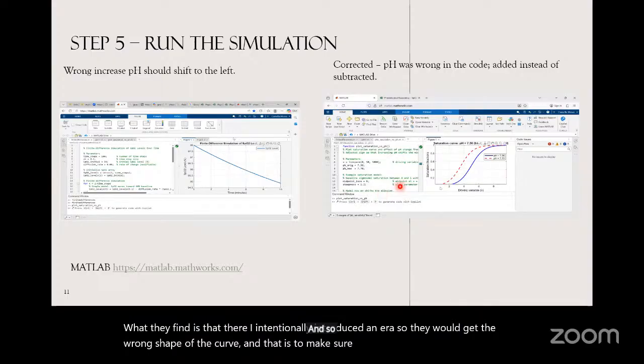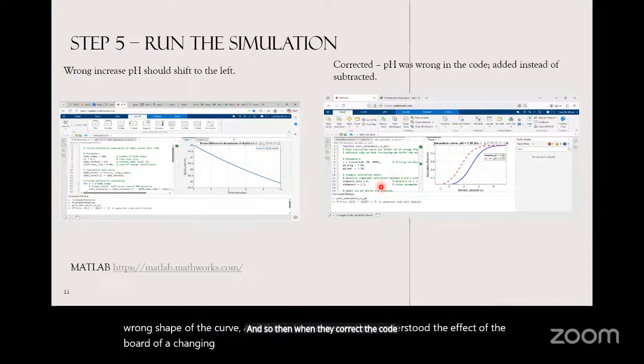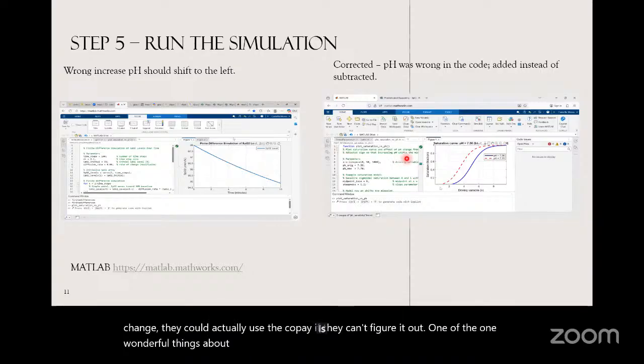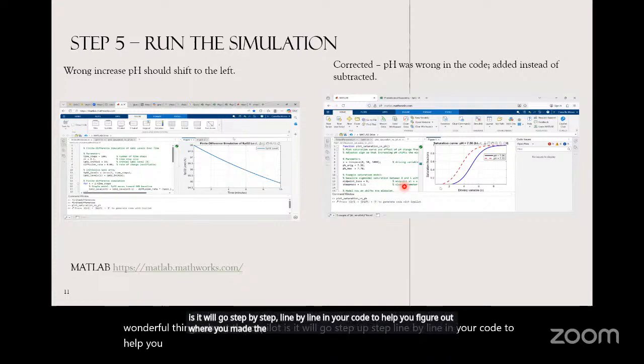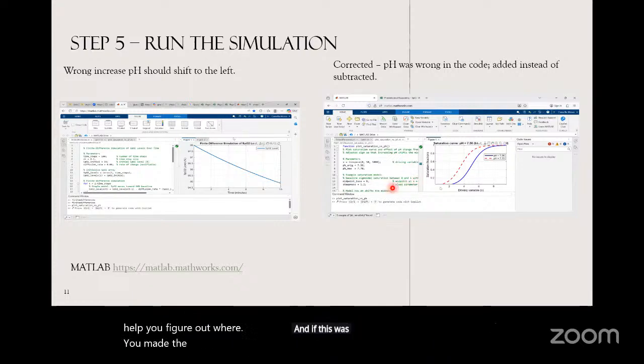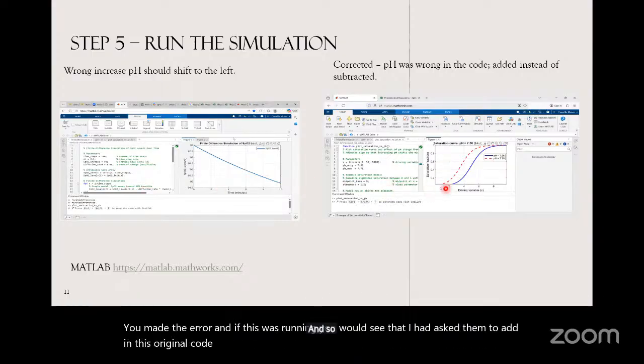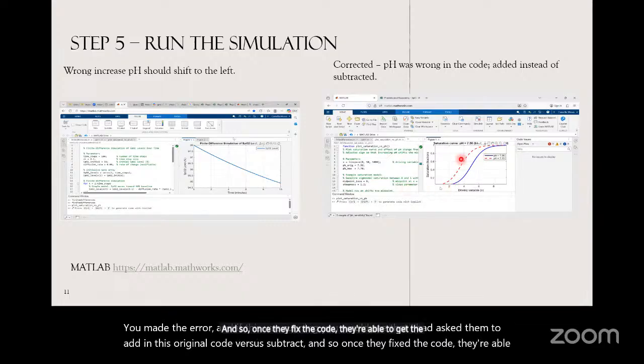And so then when they correct the code, which is a minor change, they can actually use the Copilot. If they can't figure it out, one of the wonderful things about the Copilot is it will go step by step, line by line in your code to help you figure out where you made the error. And if this was running, you would see that I had asked them to add in this original code versus subtract. And so once they fix the code, they're able to get the right saturation curve.